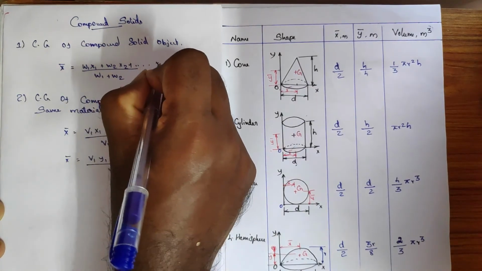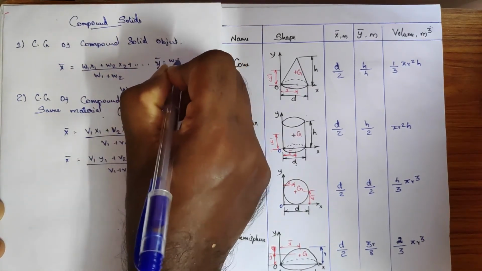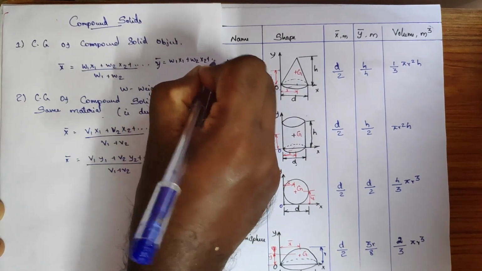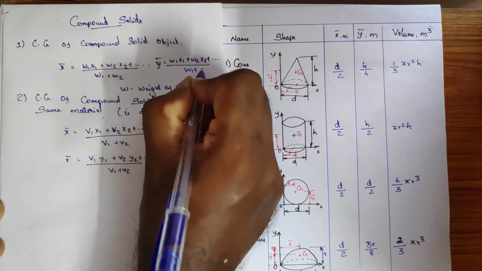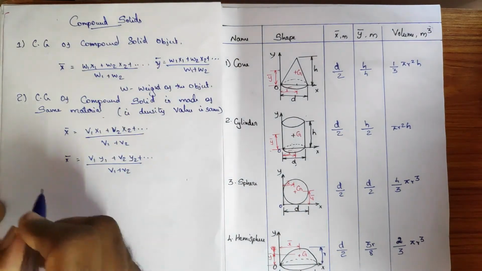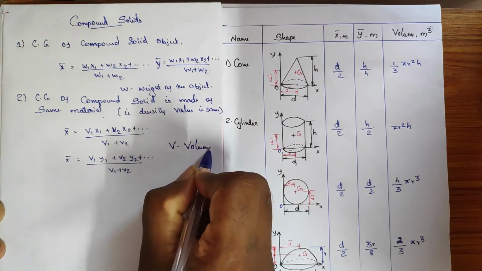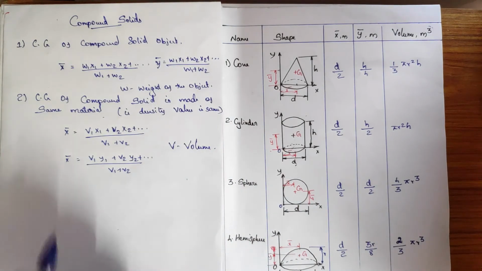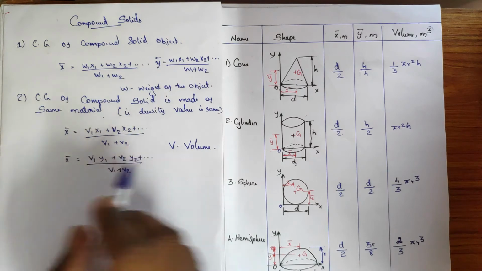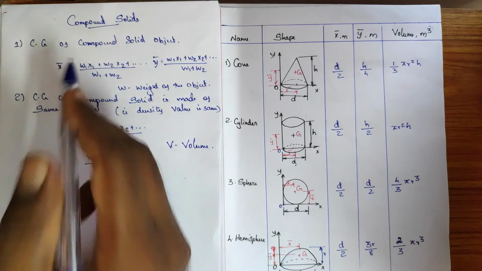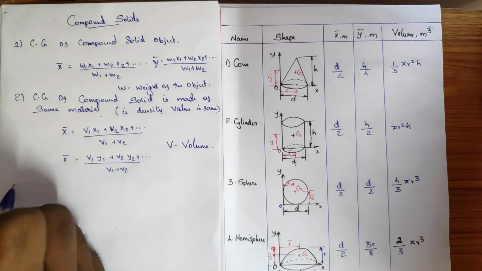The formula depends on the number of components. So V is nothing but volume. It is also the first moment of the volume, okay, divided by the total volume, right? Here the moment is considered with respect to volume, there it is considered with respect to weight. In the centroid it is considered with area.